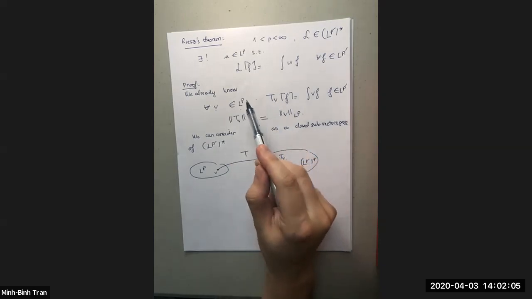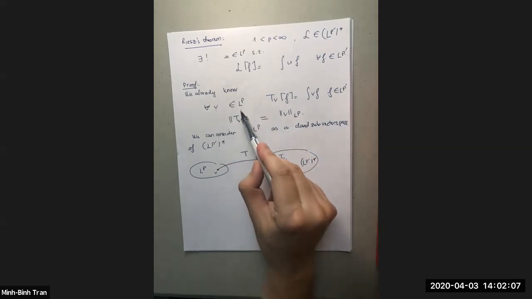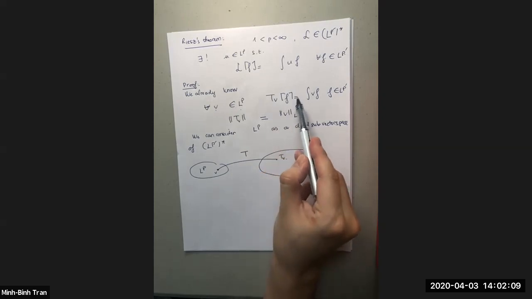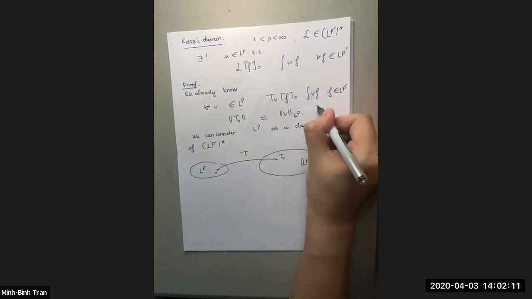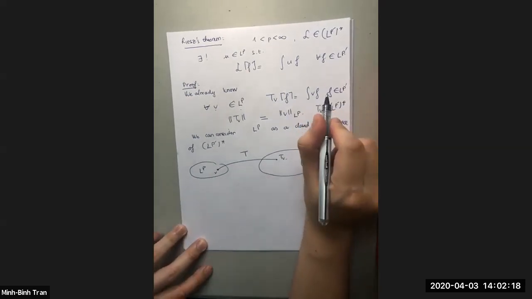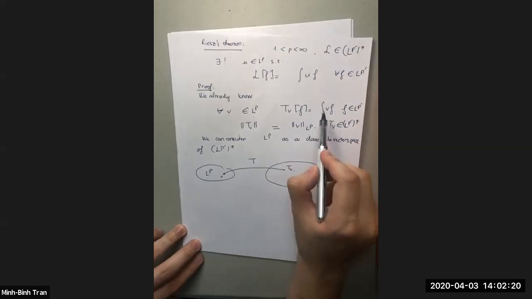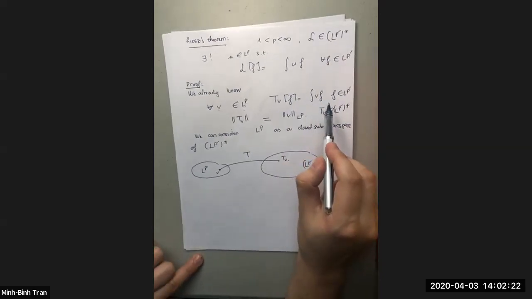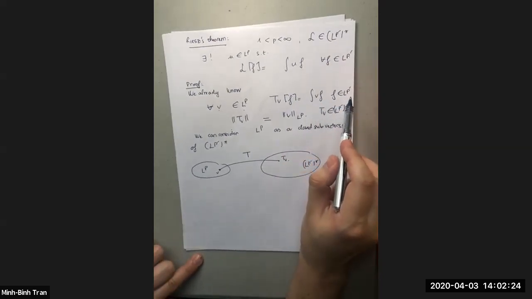This operator maps every v in L^p into a T_v in (L^p')*, defined as T_v(f) = ∫vf for all f in L^p'.